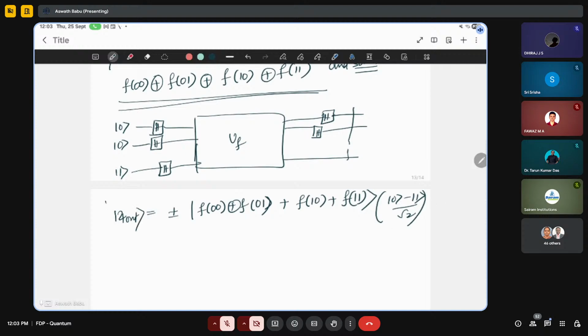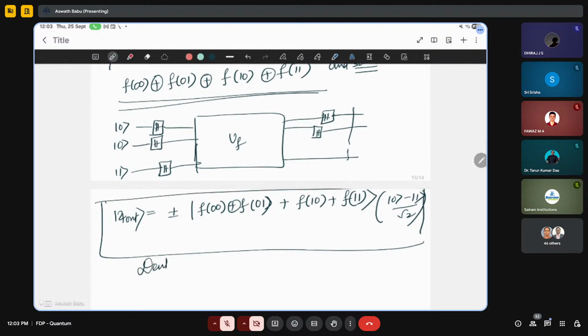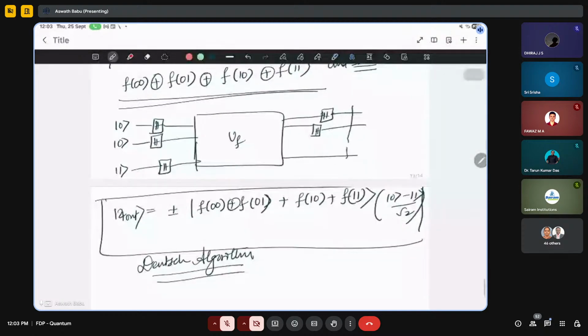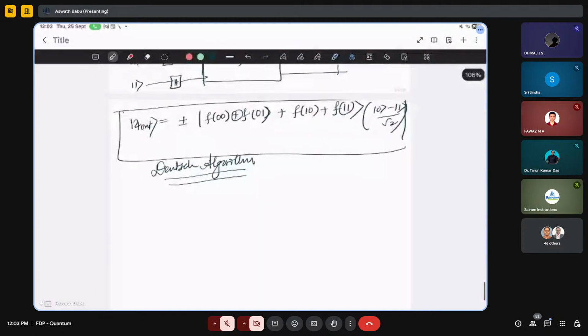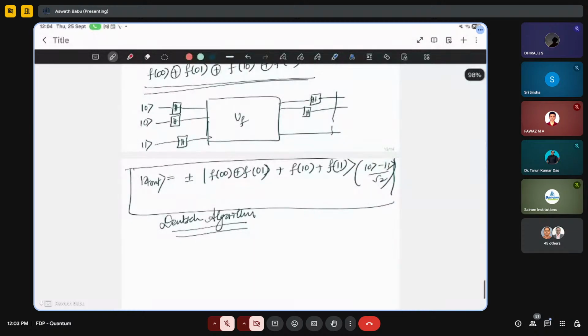Okay, so this is what we will find through the Deutsch algorithm. Right? So the extension of this is called the Deutsch-Jozsa algorithm, where we can find what kind of function is used.